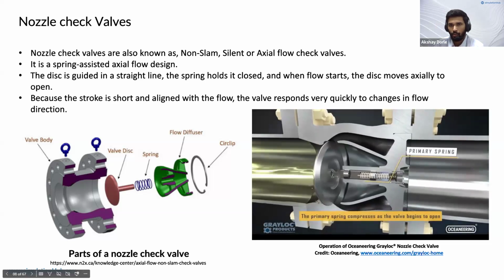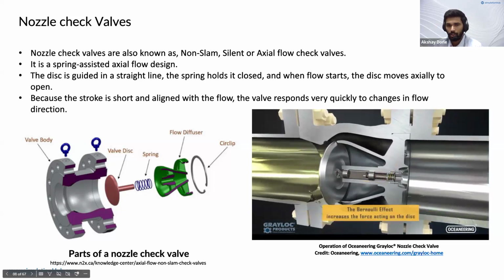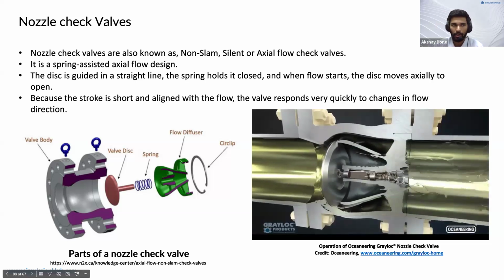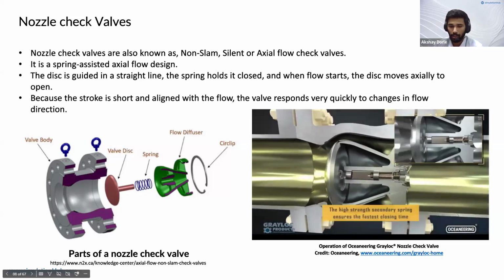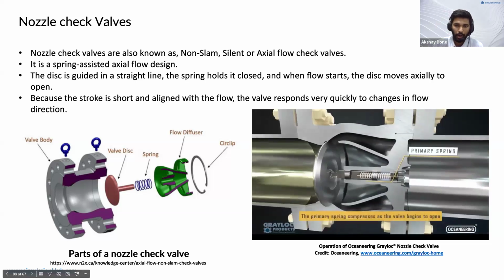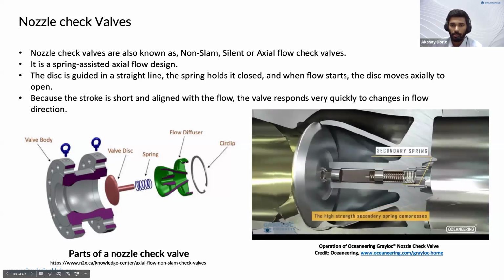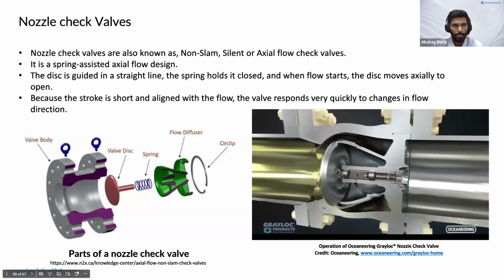In case of flow reversal, the spring will push the disk back again, and it will protect the expensive equipment, pumps and impellers and all of the other things by preventing reverse flow.